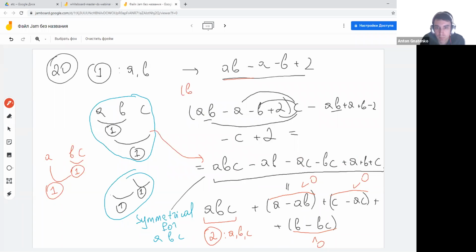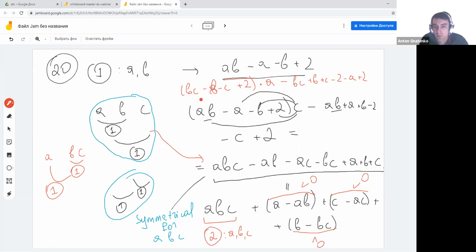It would take you BC minus A minus B minus C plus 2, multiplied by A, and then minus BC minus B minus C plus B plus C minus 2. I'm just rewriting the very same thing for this order. Minus A plus 2.